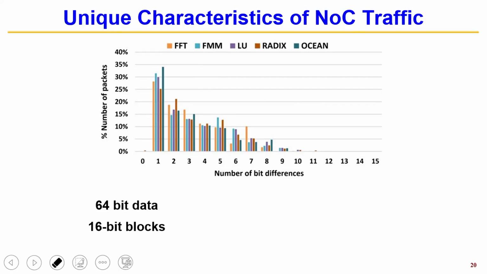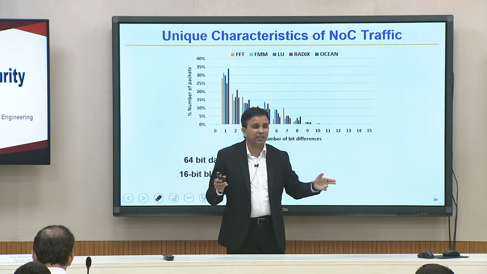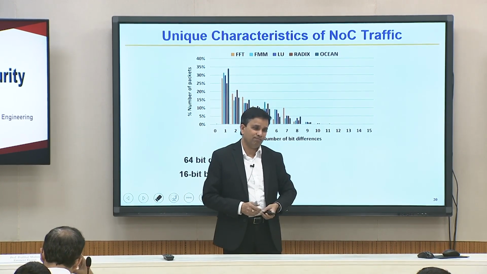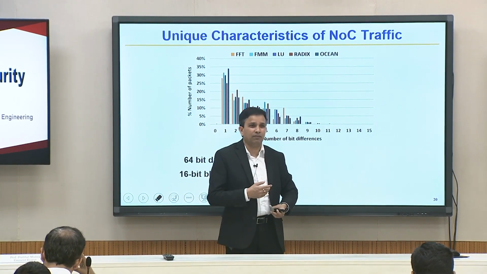And then what is our insight on this? If you look at the NoC traffic, by the way, this insight is actually true even if you take the SPEC benchmarks on the processor: looking at all these 32-bit data, most of the bytes are zeros. It is not just in the network traffic.